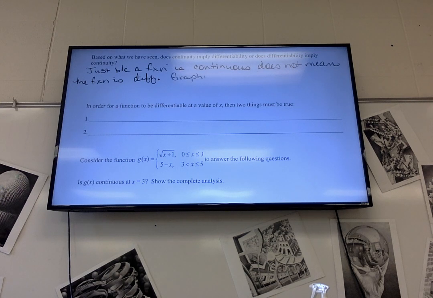Graphically, a function is not differentiable if, number one, the function is not continuous. Number two, the second thing we found was if there is a point of inflection.